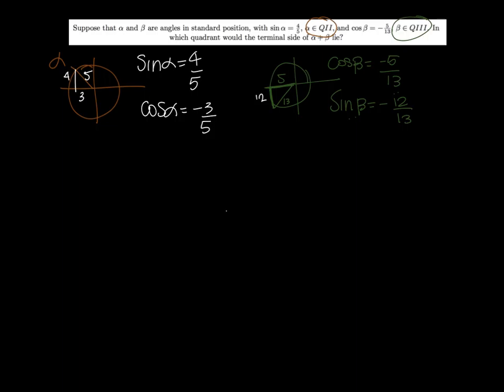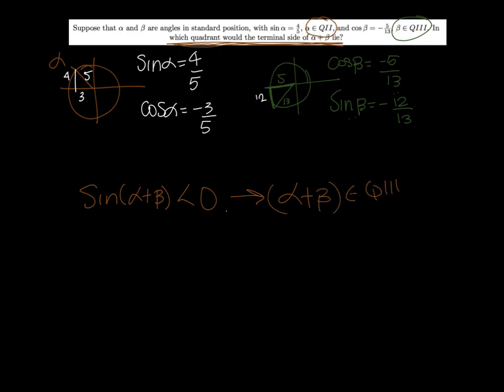So you're probably thinking, okay, how do I use this to determine the answer to the question, which is in which quadrant would the terminal side of this new angle lie? So I want you to remember that if sine of alpha plus beta is less than 0, that tells us that alpha plus beta must live in quadrant 3 or quadrant 4.